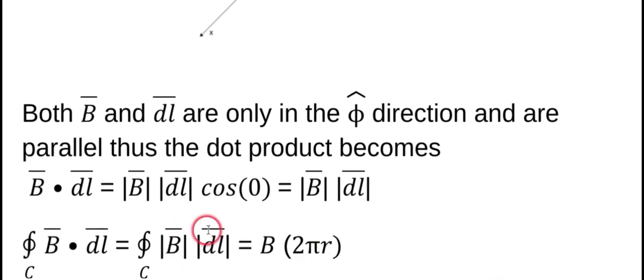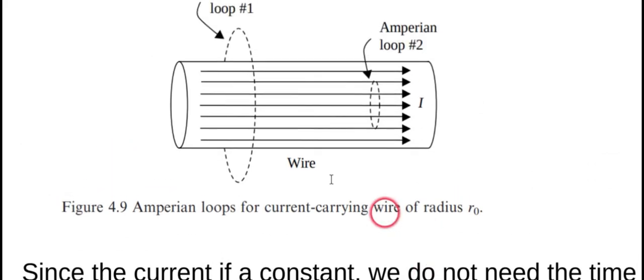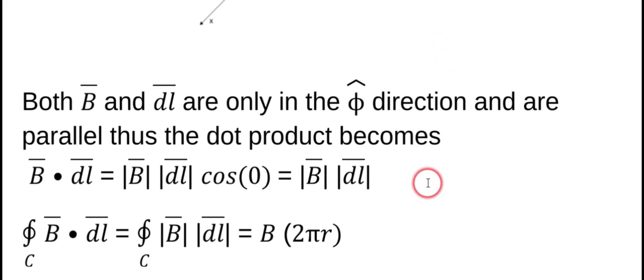Now, we have the magnitude of both. B becomes a constant. And what's the dL? Well, it's just a circle. It's just this thing going around, right? It's just 2 pi r. So there's no need to integrate because it's right there.